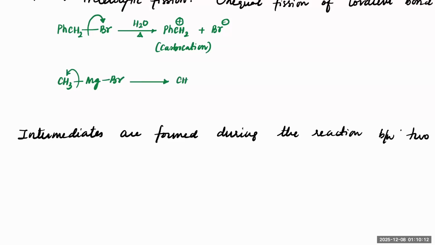So you will get something like CH3− and MgBr+. And this CH3− is what we call a carbanion. So intermediates are of these two types, carbocations and carbanions.